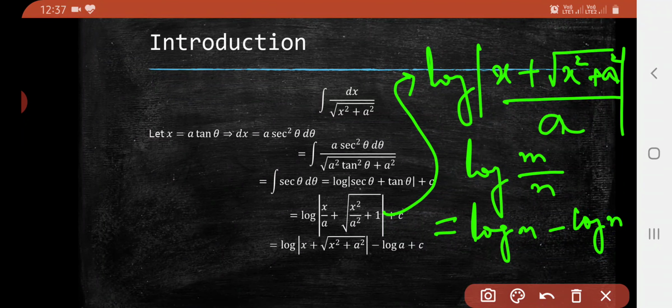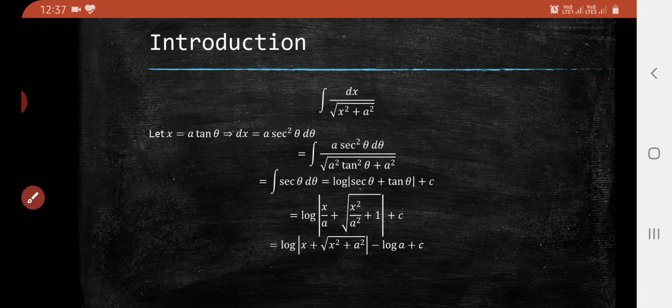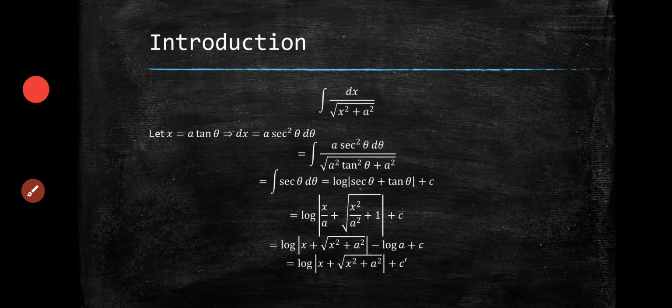So therefore this becomes log of x plus under root x square plus a square minus log a. Now log a is a constant, and we already have a constant of integration, that is c. So we can cumulate this and write it as some c dash, which still remains a constant. So therefore my integration becomes log of mod of x plus under root x square plus a square plus c dash. Fine. So now this c dash and c hardly matter because they are all constant.